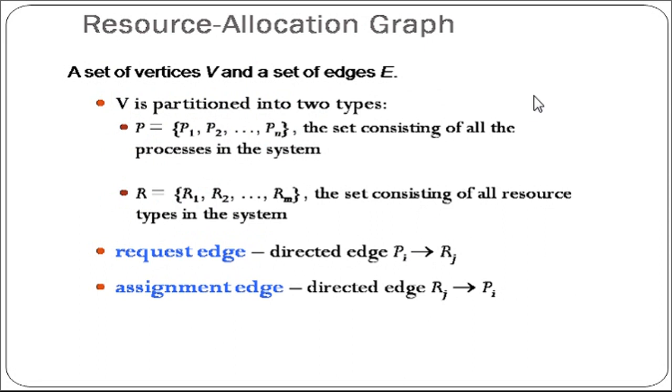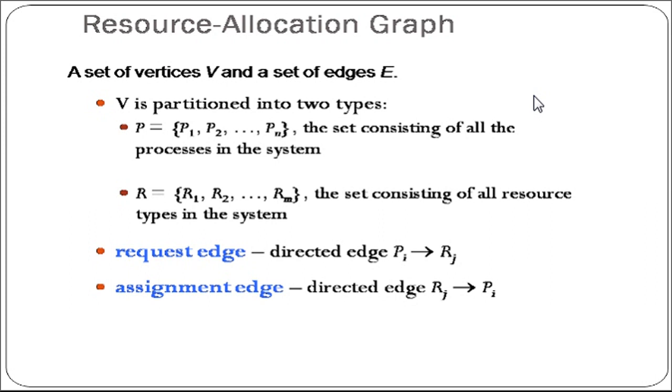The next is the resource allocation graph. Deadlock can be precisely represented by a graphical structure called the resource allocation graph. The graph consists of a set of vertices and a set of edges. The vertex set is partitioned into two types, that is, the set of processes and the set of resources.